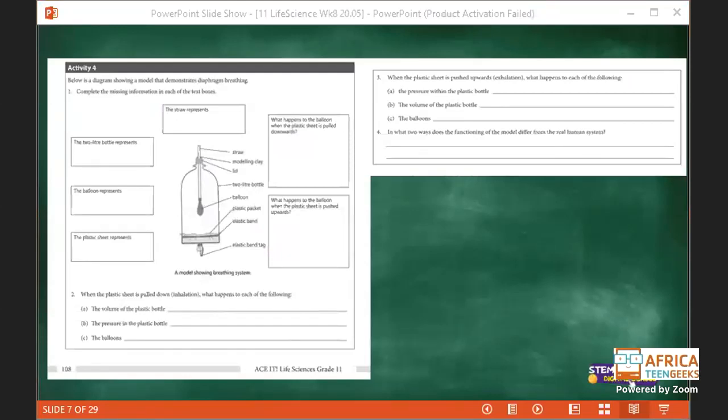So during inhalation, what would happen to the volume? What happens to the pressure? And what would happen to the balloon? So remember we said that the balloon represents the lung, and the plastic bottle would represent the walls of our thoracic cavity. So what would happen to the volume of the thoracic cavity? What would happen to the pressure of the thoracic cavity? And what would happen to the lung? You guys have a minute to send through your answers.